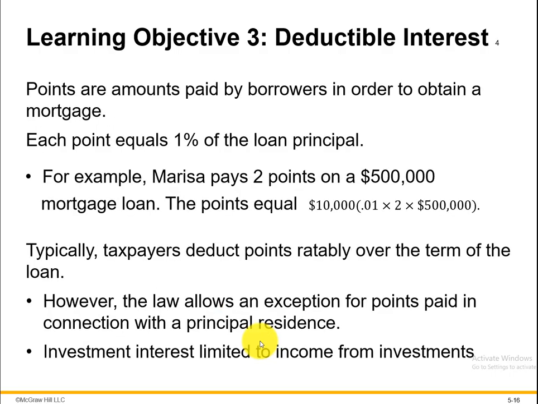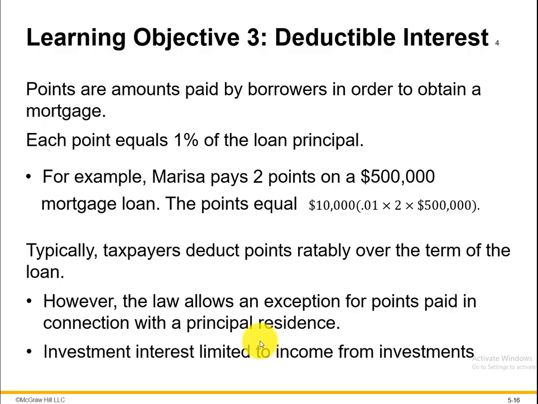Other things having to do with interest you might run into: points. These are prepaid interest at the beginning of a loan. The general rule is that it's prepaid and it can only be deducted over the life of the loan. So if you paid that extra $10,000, as it says there, you would deduct it a little bit over the 30-year loan or the 15-year loan.